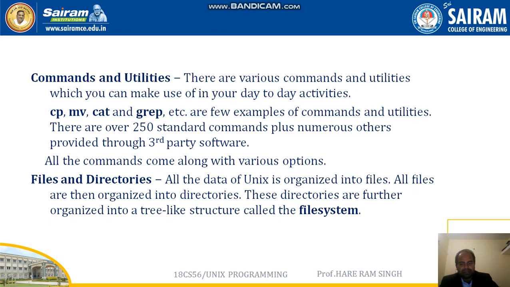Previously, I also said in the features of Unix that all the files are arranged in a hierarchy. In a directory, different files will be there, in those files different sub files, text files, and all those things. Files are arranged very properly in a tree-like structure using a parent-child system.